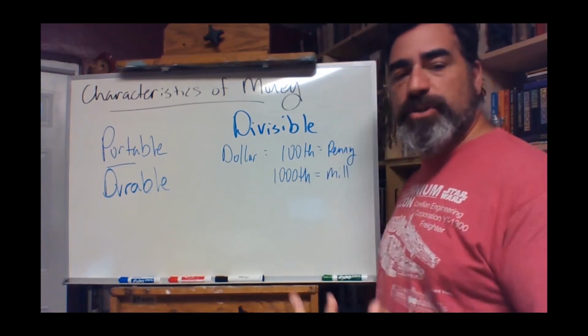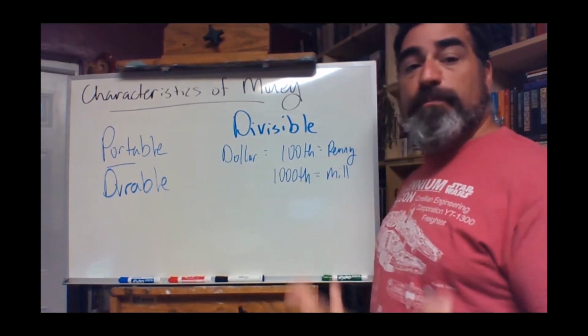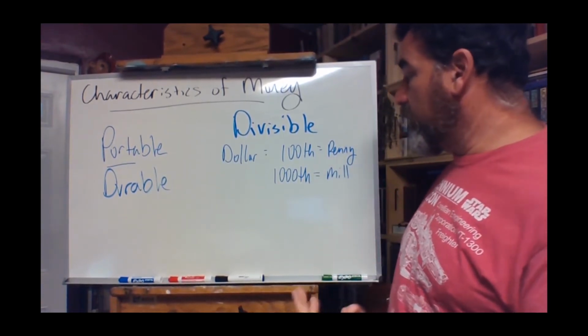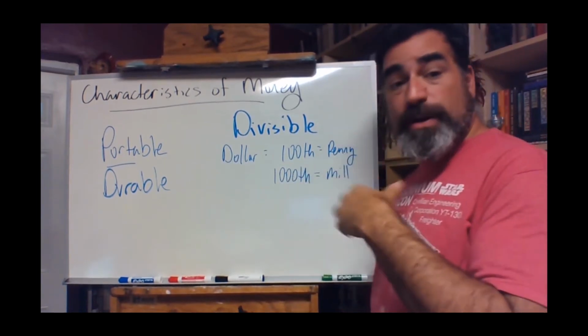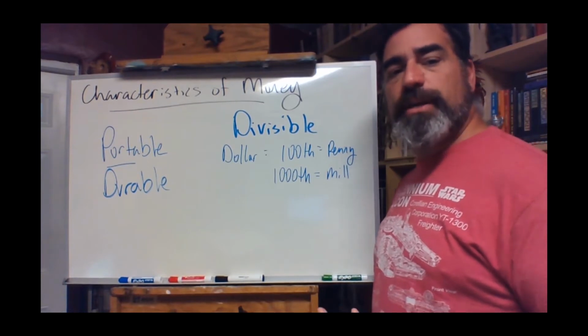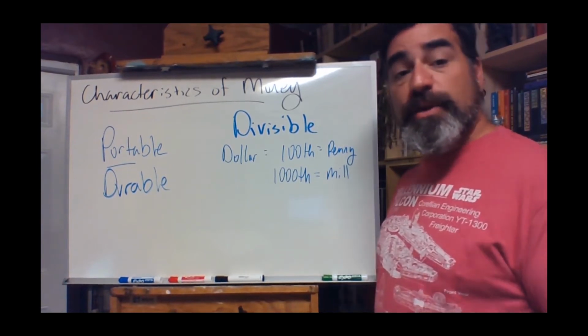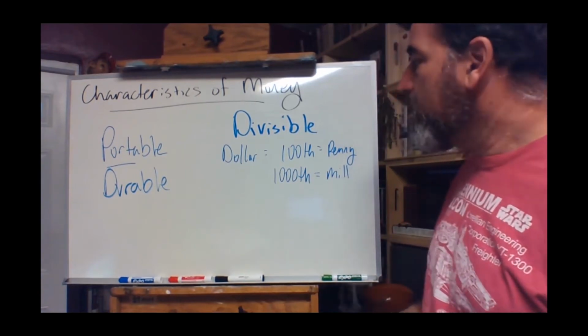So when they raise your property rate 5 mils, what they're saying is they're raising your property tax by 5 thousandths of a dollar, which doesn't sound like much, but when you're sitting on a $300,000 house, that actually adds up to something, right?